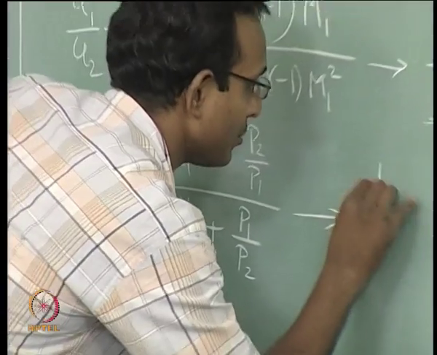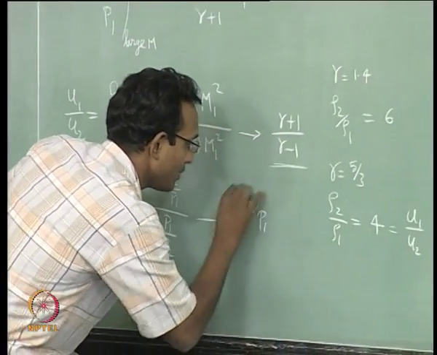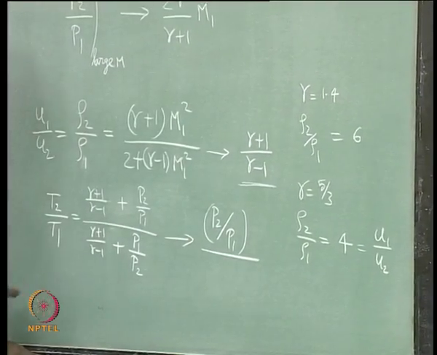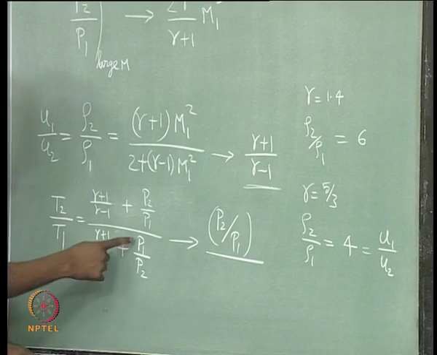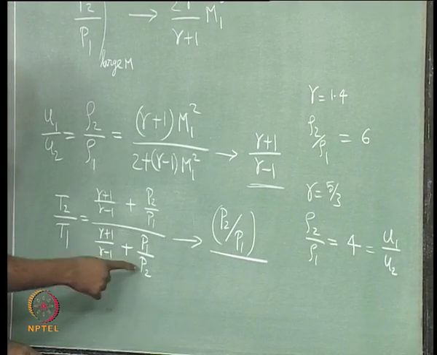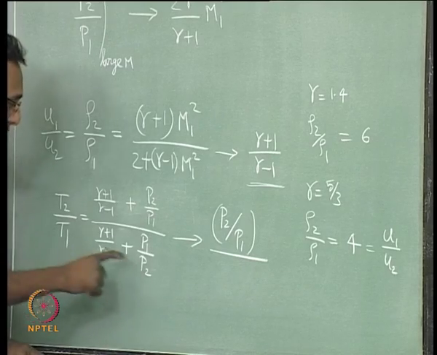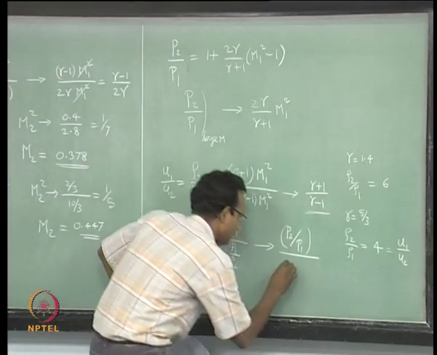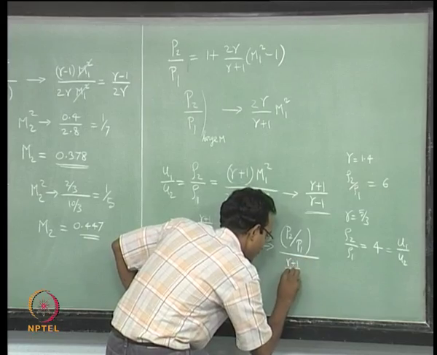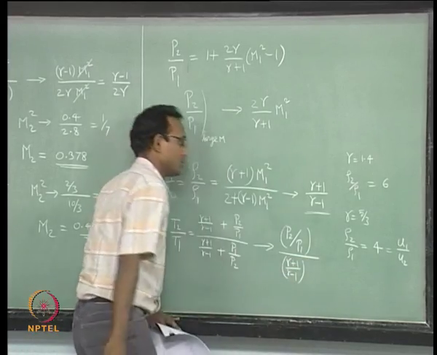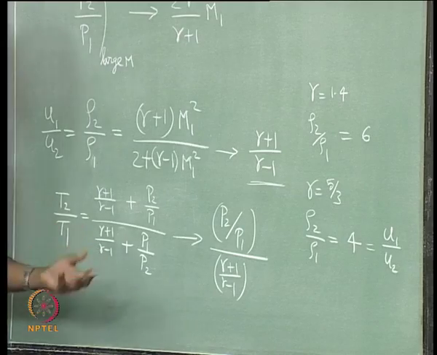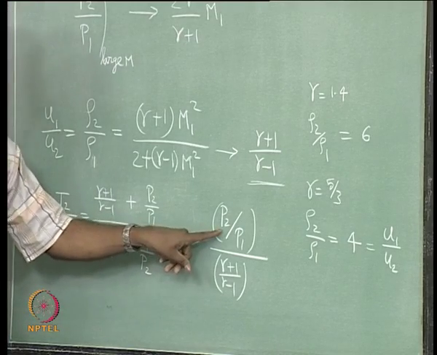If I say that this is very high compared to this number, I will neglect this. So, this will tend to P2 by P1 divided by this number, and this is P1 by P2, which is 1 by infinity, a very small number compared to this. So, I will keep this one. But there is no luck, P2 by P1 is going to tend to infinity.